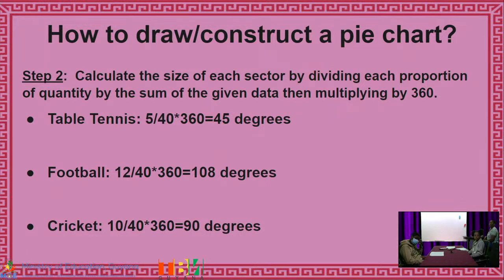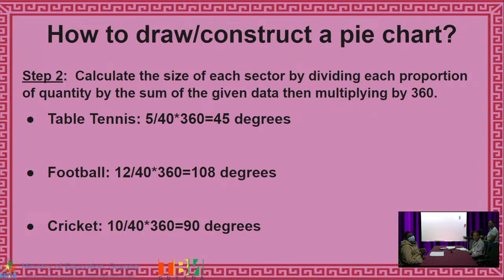Because is tennis the whole circle? No, it's just a part of it. So we would like to know the part. And according to calculation, we will get that part to be 45 degrees. And we do know how to break down 5 over 40 multiplied by 360, right?